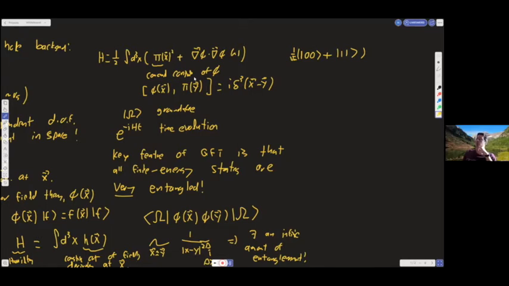So far, I haven't made any use of relativity or Lorentz invariance. What I just discussed here could be the Ising model or something. But in theories that are Lorentz invariant, which are the only kind of theories that we're going to think about in these lectures, we can be a bit more quantitative about the structure of the entanglement, say in the ground state of a quantum field theory.